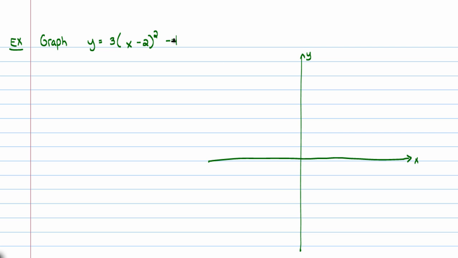And I'll read right off of this that the vertex is at x equals the opposite of that -2, which is going to be +2, and then -4. So our vertex, I'm going to go forward 1, 2, and then down 1, 2, 3, 4 units. So here's our vertex. I'll just write in here (2, -4).